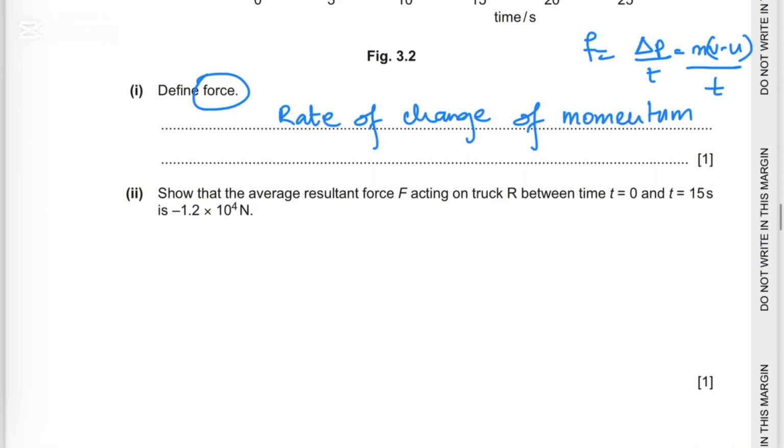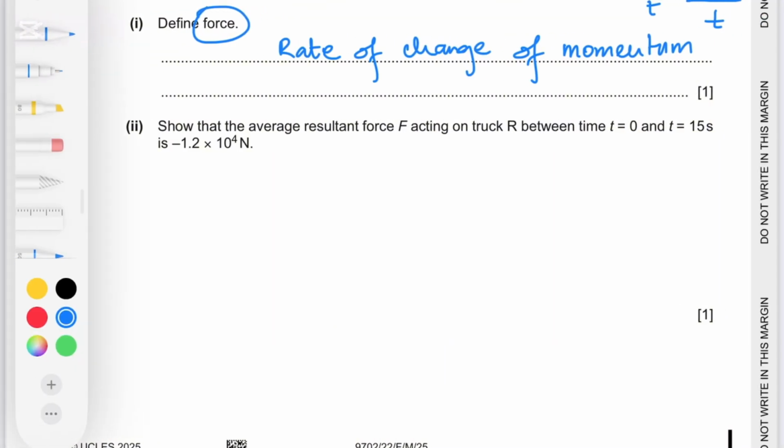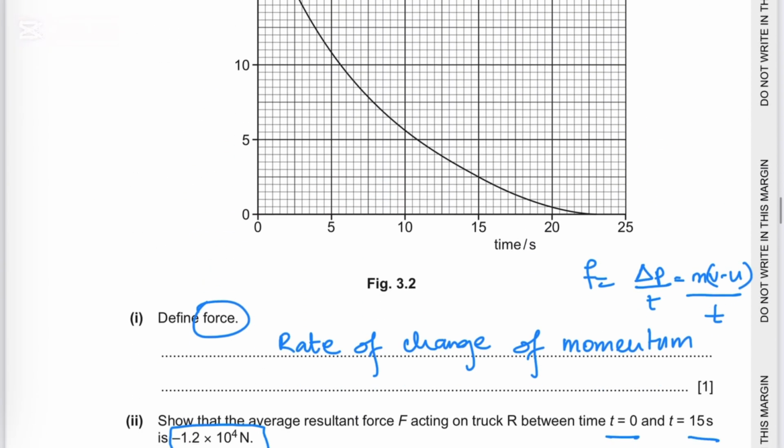Show that the average resultant force acting on the truck R between time 0 and 15 seconds is this value over here. As we just said, resultant force is equal to the rate of change of momentum. That means change in momentum divided by the time taken for this change. The time would be from 0 to 15 seconds, so that's 15. And now you need to see the final and initial values between 15 and 0 seconds.